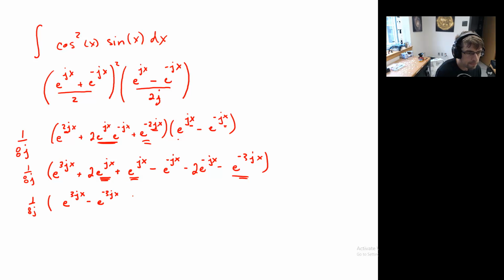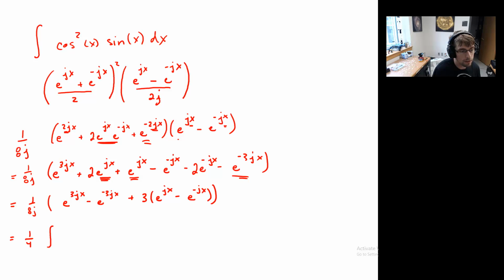And then what else do I have? I have plus 3 times e to the jx minus e to the negative jx. So I'll leave that 1/4 in front, and I'll convert this stuff back.